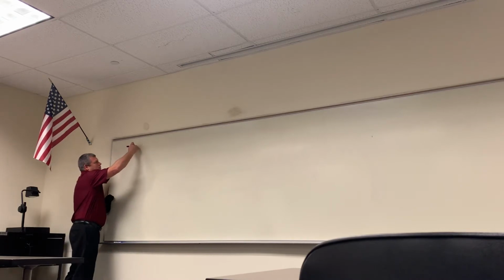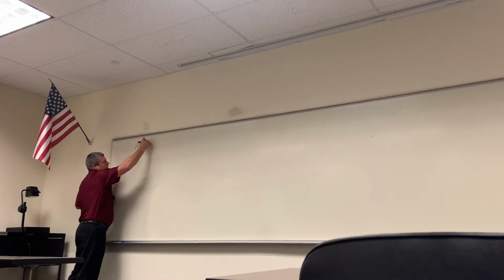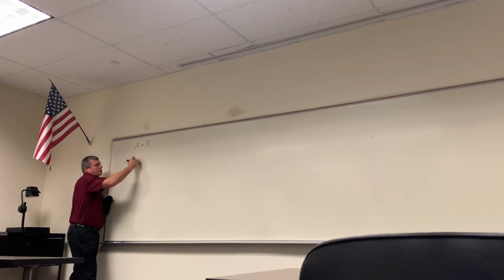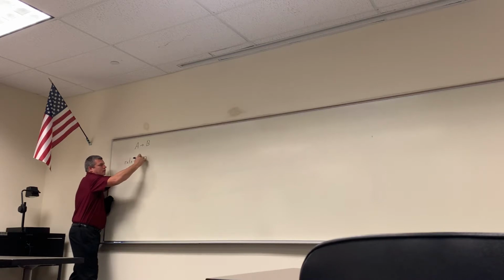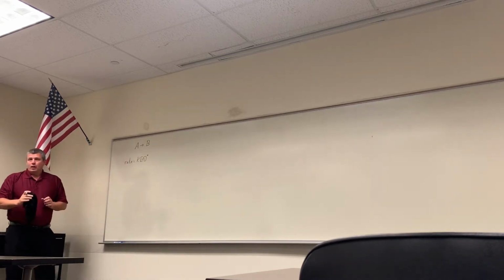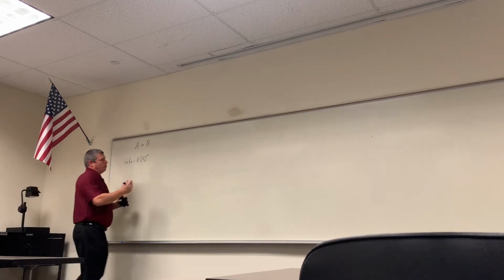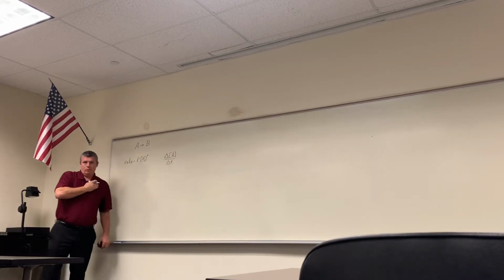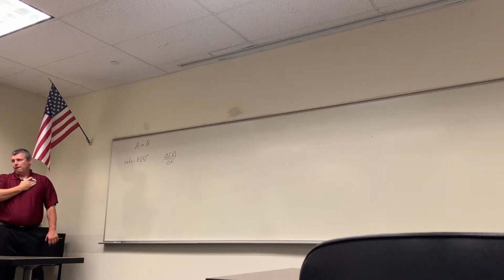If I have, let's just look at A goes to B for simplicity. My rate law is going to be something like rate equals some constant times the concentration of A to a power, right? And we're measuring the rate of this in terms of how the concentration of A changes over time. We're good so far?